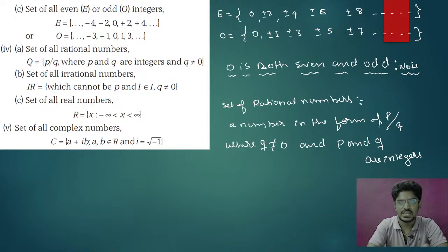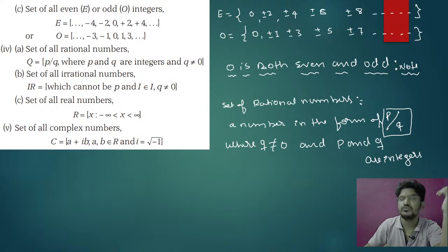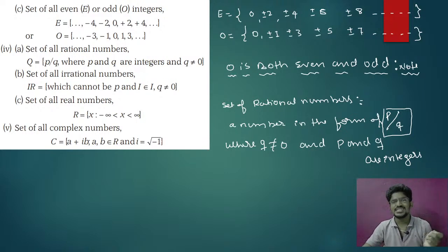That means, whenever you write a number in the form of p by q, you can say it is a rational number, where q is not equal to 0. Because if q becomes 0, it will be not defined. So that's why q is not equal to 0.